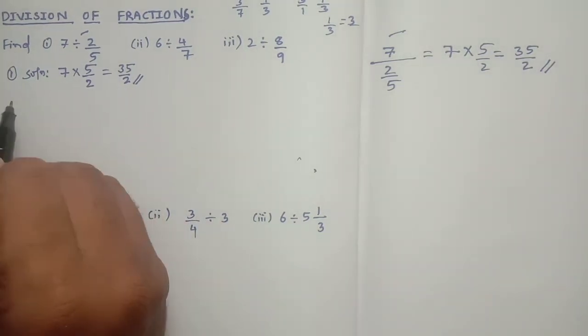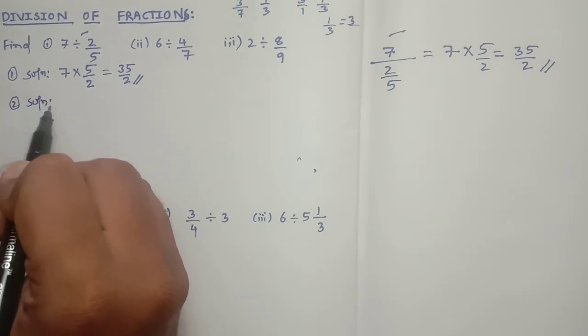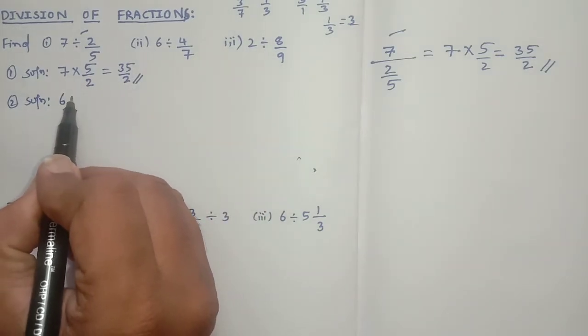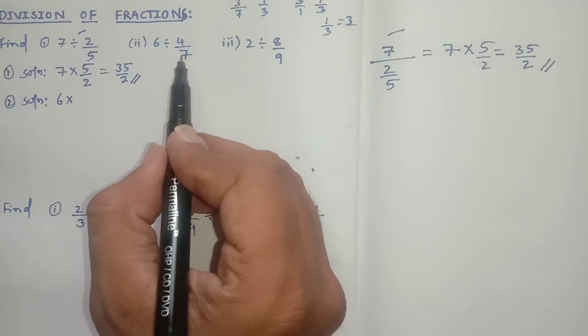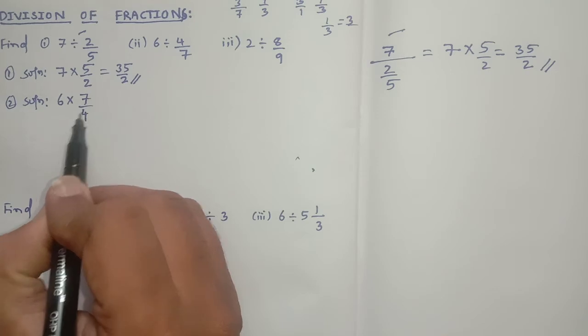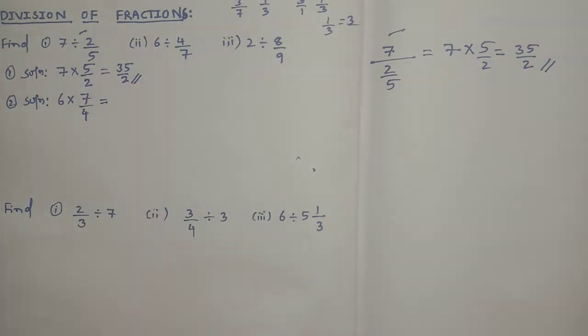Now second one, solution for the second. 6 will be as it is, student, into 4 by 7, it will be 7 by 4, the reciprocal of it. As I said, I have to take the reciprocal of it.